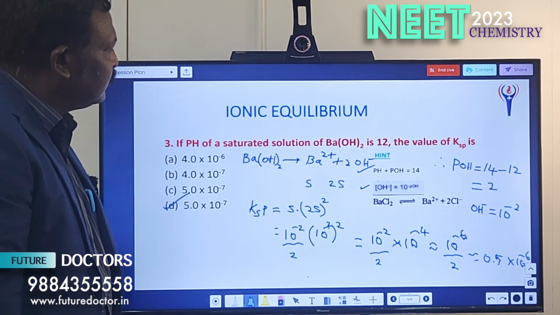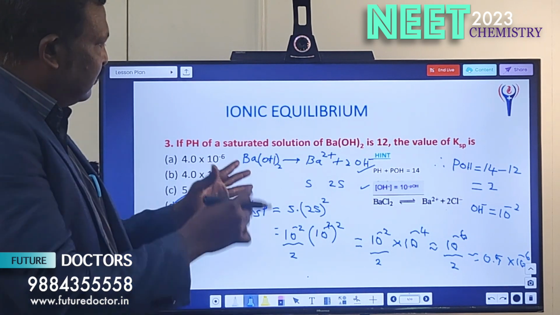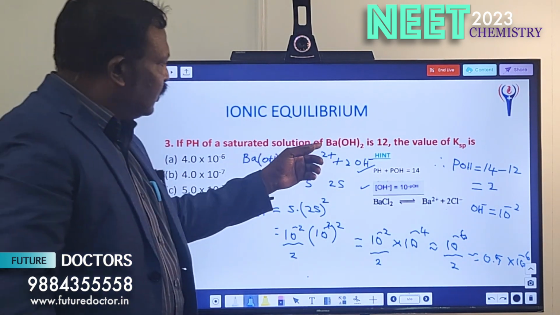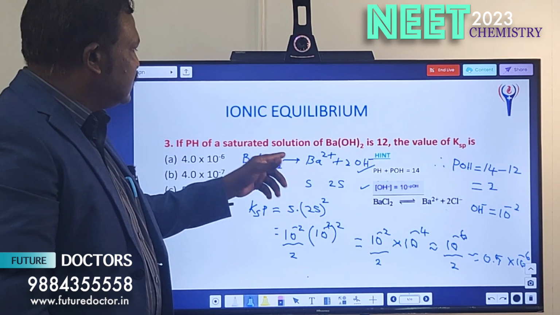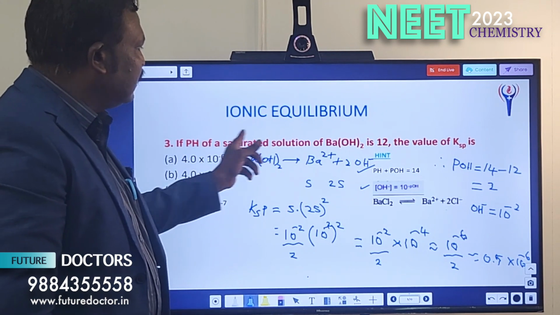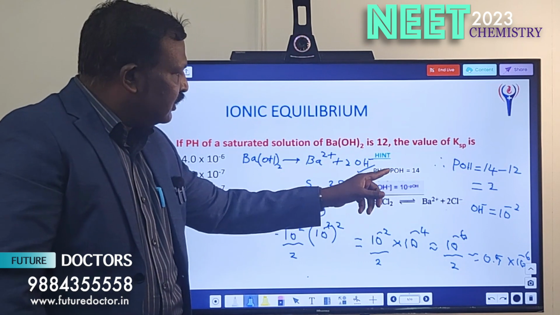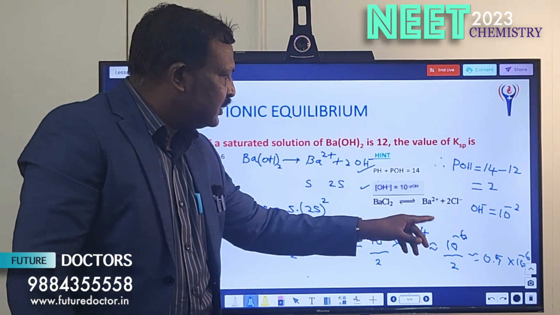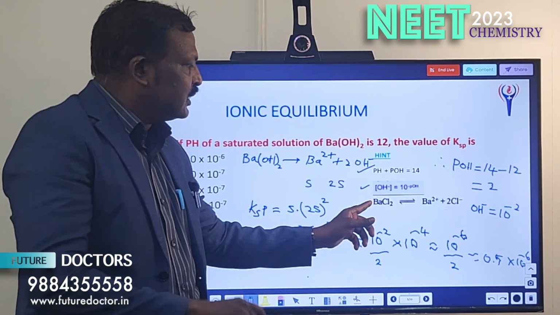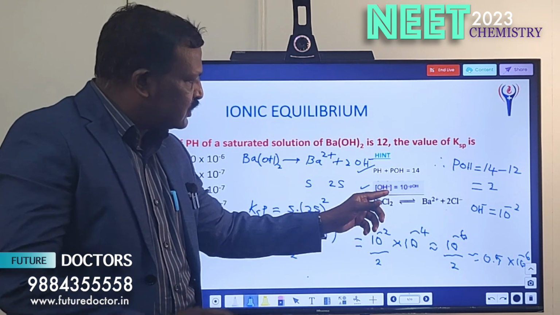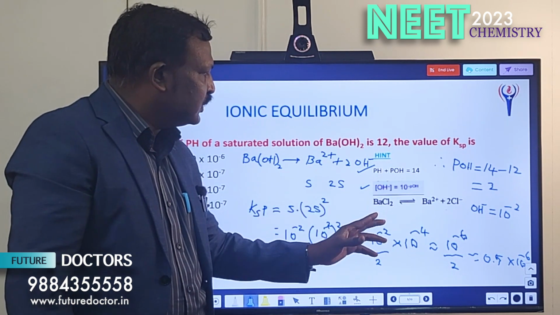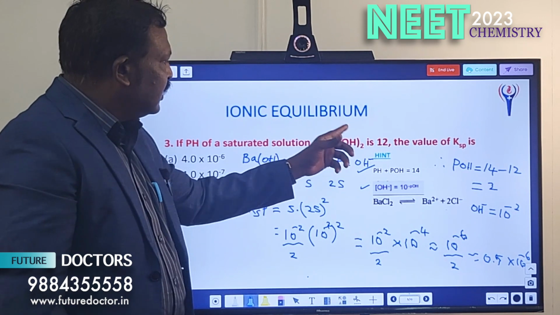Here we are following three steps. First, only pH is given; from pH we find pOH. After finding pOH, we find the OH minus ion concentration, with the formula 10 power minus pOH. After that, you come to the compound.